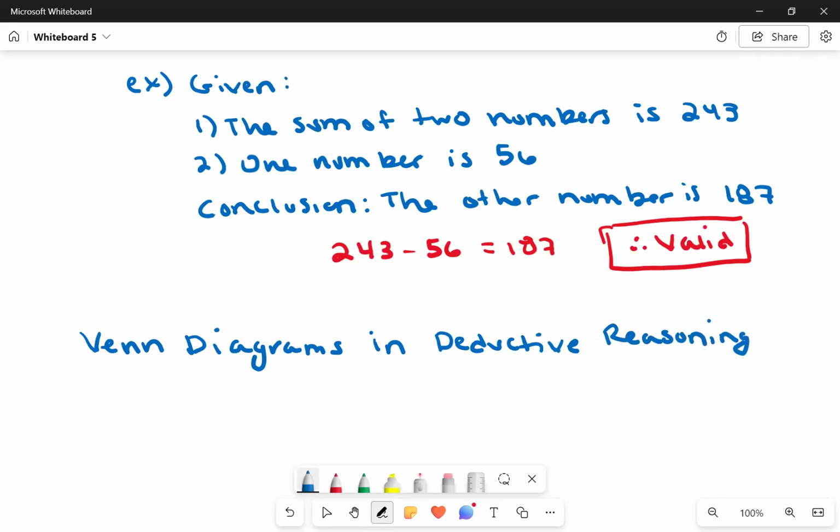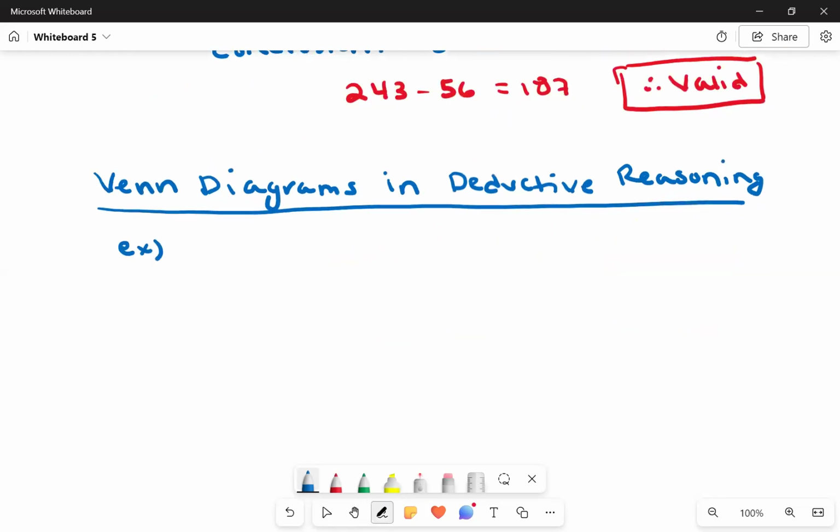All right, so let's do an example. I'm going to give you my premises. All humpbacks are whales.